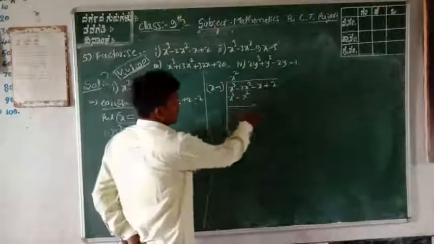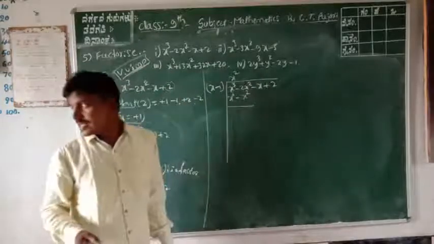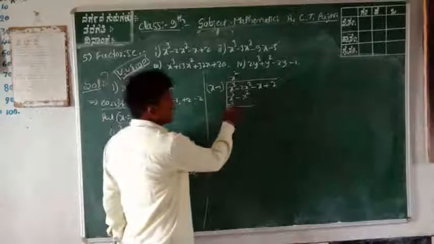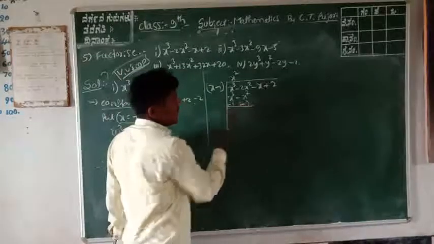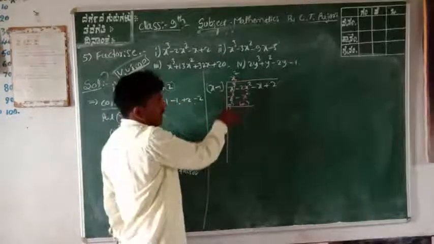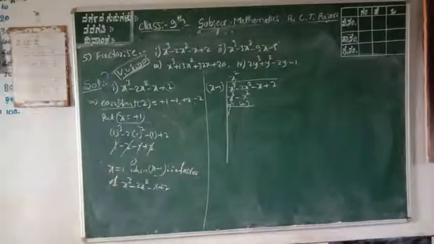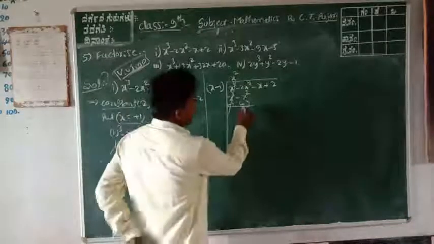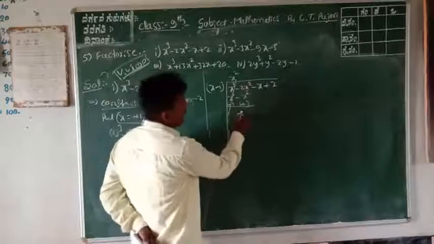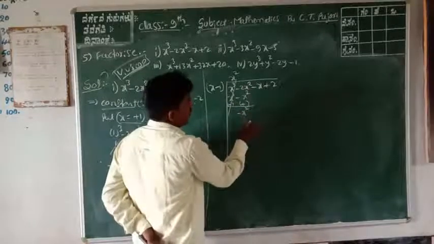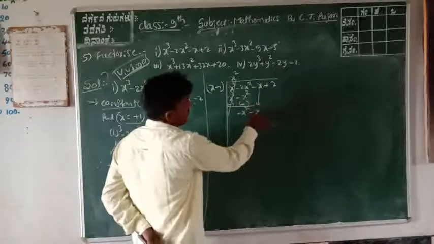Next, change the signs, minus to plus, and these two terms cancel. Next, the remaining term is minus x squared, and bring down minus x.